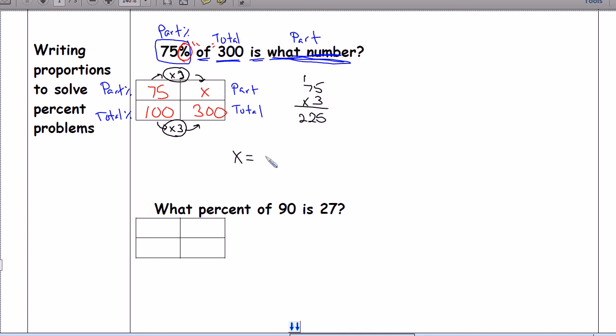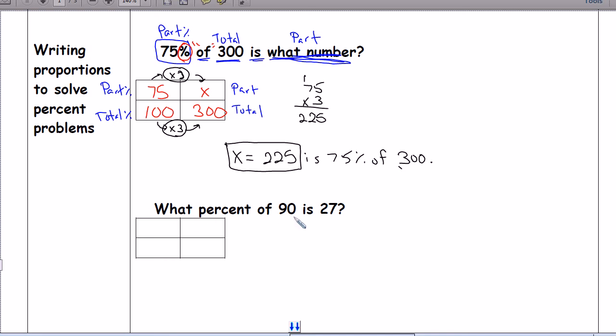So x is equal to 225. Therefore, 75% of 300 is 225, and that's my final answer. x equals 225, and that's the "is", the part.